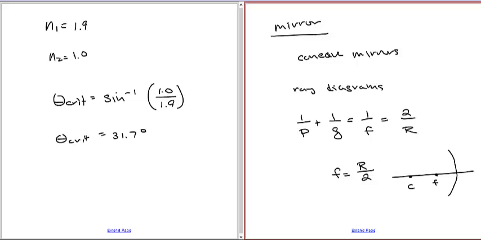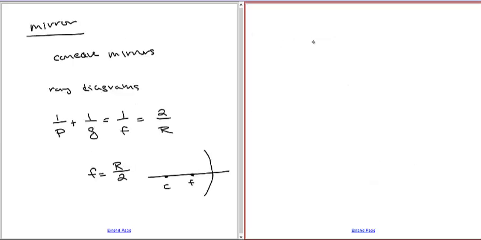And there are 3 scenarios, and I'm going to give you a ruler to work with, so I want you to draw a fairly accurate representation. So better than I'm doing here. I'm just going to do them quickly, but you might want to go back and look at what's going on here. So let's say this is the focal point, this is the center. The 3 scenarios are the location of the object relative to the center and the focal point.